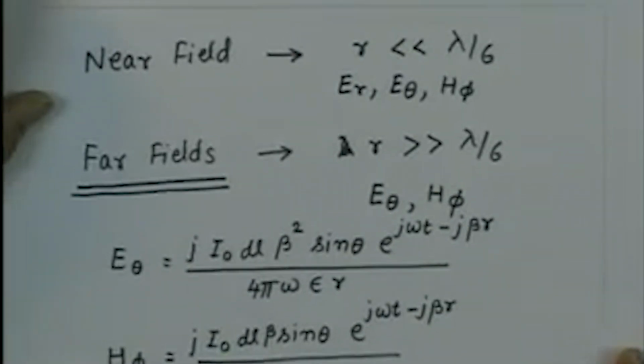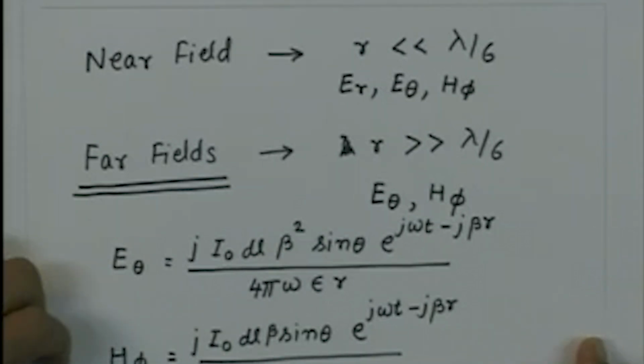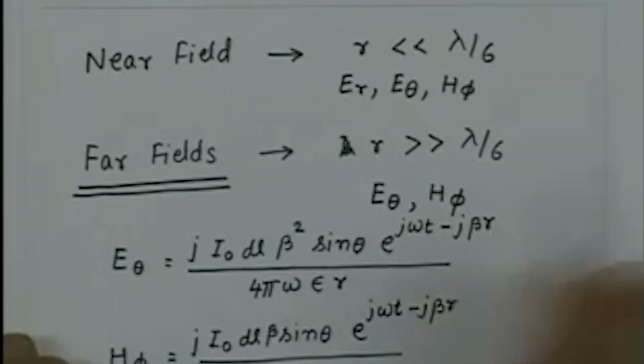So if I consider only the radiation field, what is the variation of E theta and H phi as a function of angles theta and phi? If I plot a spherical plot in which the radius vector is the amplitude of the electric field, and plot the electric field as a function of theta and phi, I will get a 3-dimensional surface, and I call that the radiation pattern of the antenna.